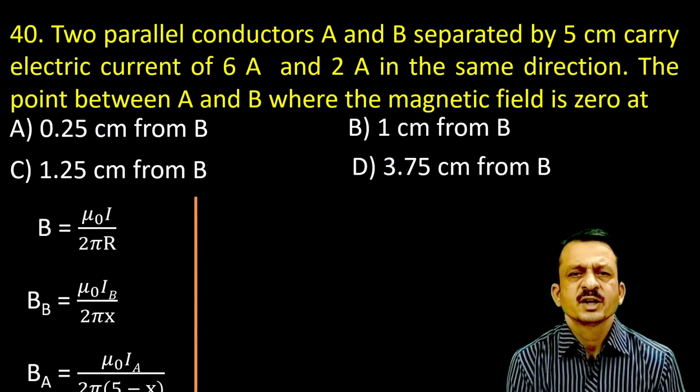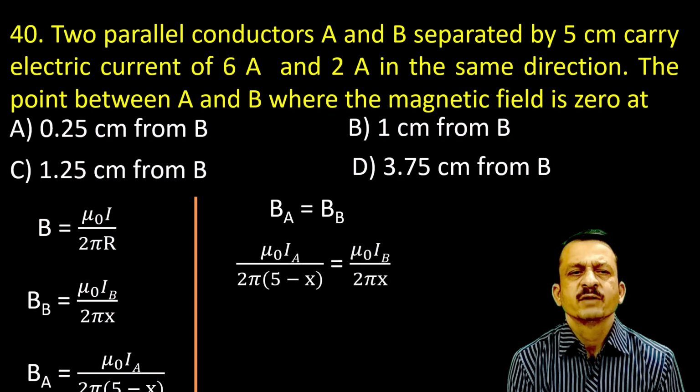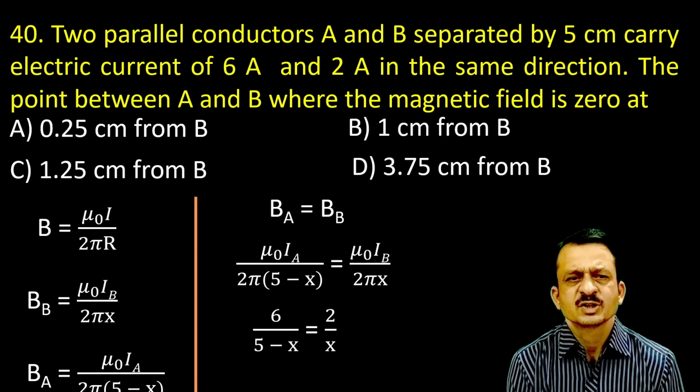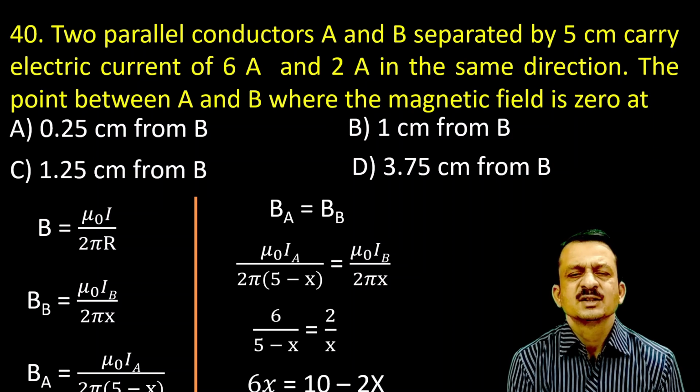Now these two are equal at a certain point, therefore BA is equal to BB. Equating them, mu naught IA divided by 2 pi into (5 minus x) is equal to mu naught IB divided by 2 pi into x. Mu naught by 2 pi cancels. IA is 6 and IB is 2. So 6 divided by (5 minus x) is equal to 2 divided by x. Cross multiplying, 6x is equal to 10 minus 2x.